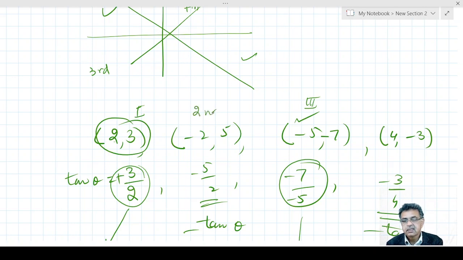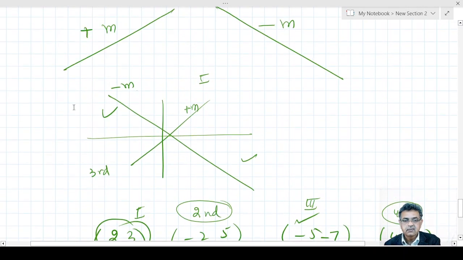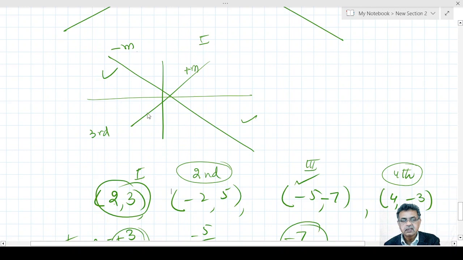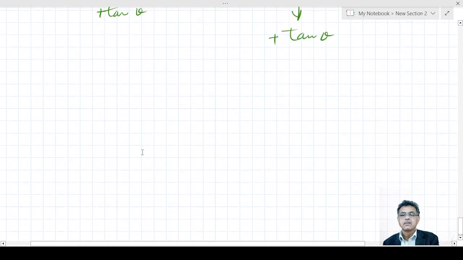This is the second quadrant, and this is the fourth. So you can see that in the second and fourth, one of the coordinates is negative, so the gradient in second and fourth becomes negative, and in first and third the gradient becomes positive.